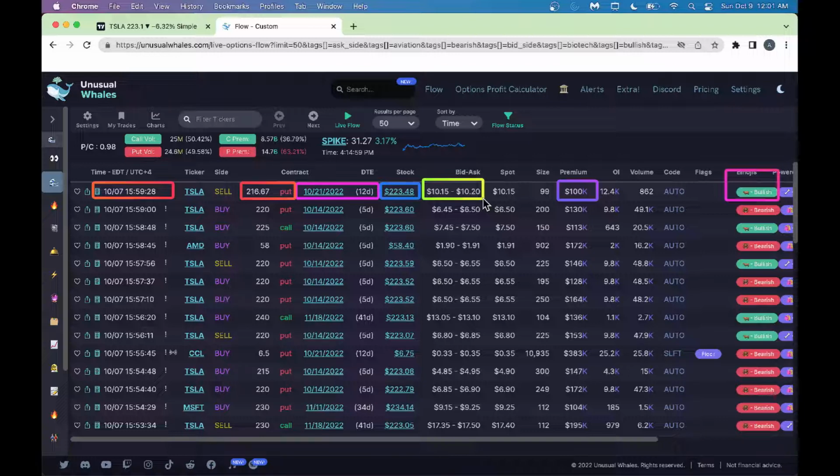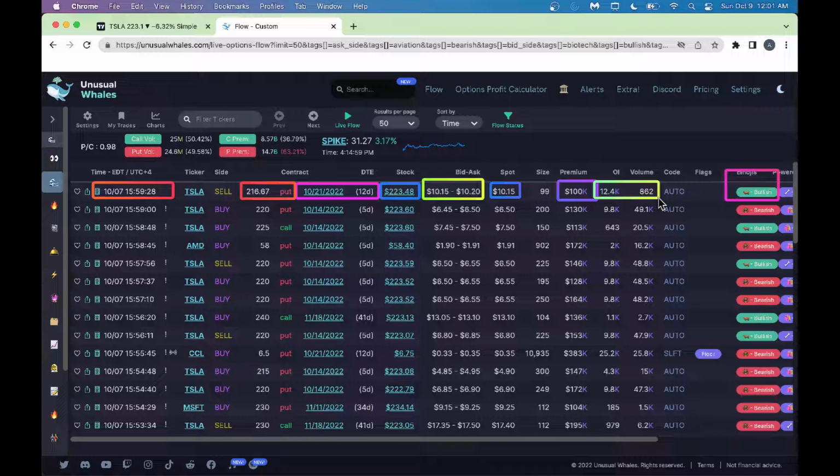And look, right now spot price is 10.15, which is toward the bid. So whenever you see a put option at the bid, that tells you it's bullish. That's why it's tagged as bullish, as you can see here. And look, there is an open interest here. Open interest is 12K. Volume is 862, which is pretty healthy, not a big deal.